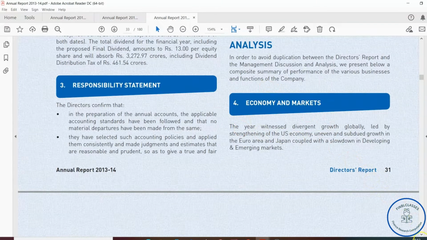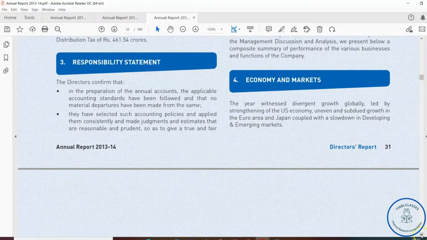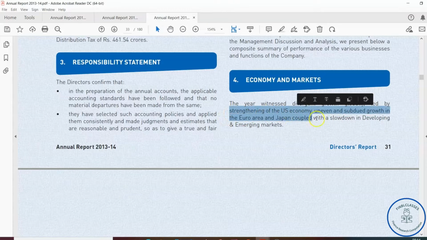Here they are projecting something about the economy. The year witnessed divergent growth globally, led by the strengthening of the US economy, uneven and subdued growth in the euro area and Japan, coupled with a slowdown in developing and emerging markets. Now they are showing how far the economic factors are affecting the company.